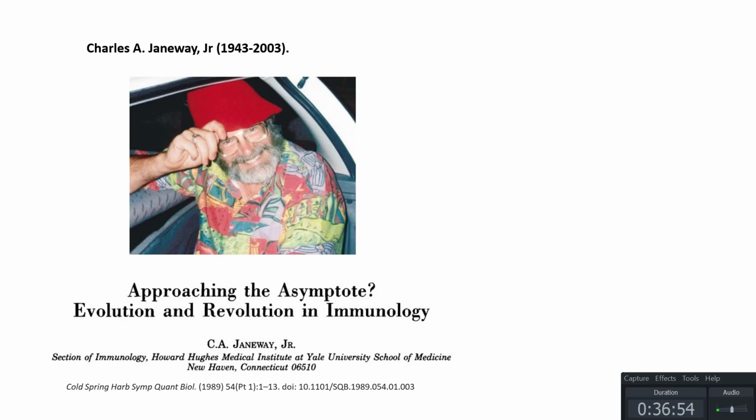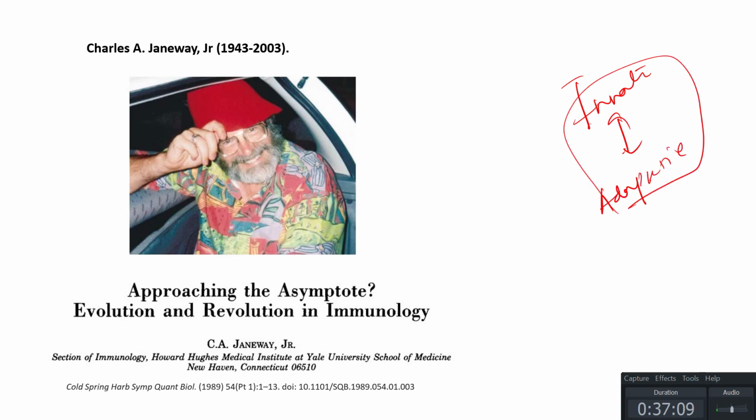What they said is there is a link between the innate and then adaptive immunity. So that is what we are going to see. What is the link between them? He is the one who started in the year 1989. He said that there is an approach in the asymptote, that is evolution and then revolution in immunology.